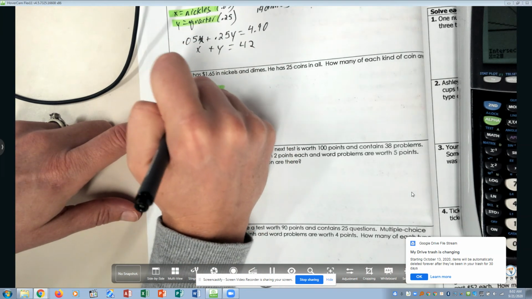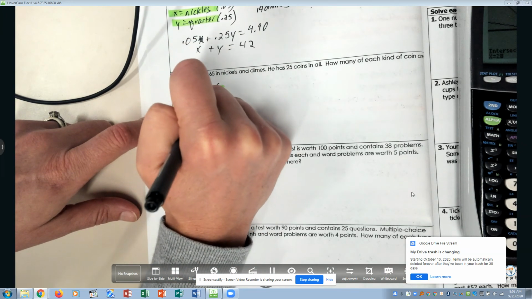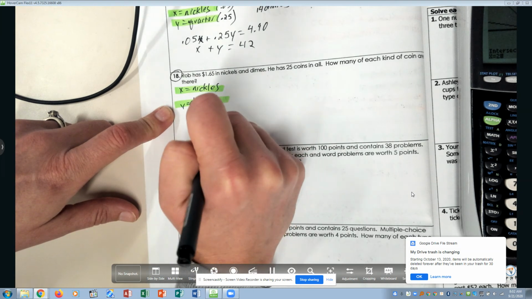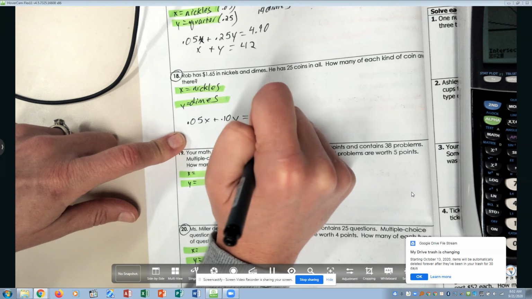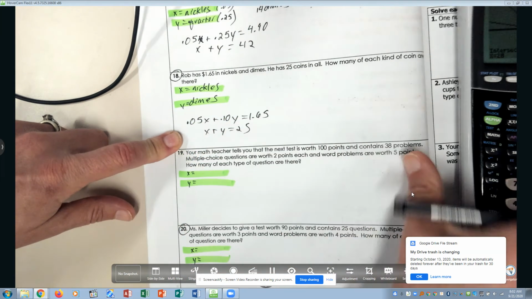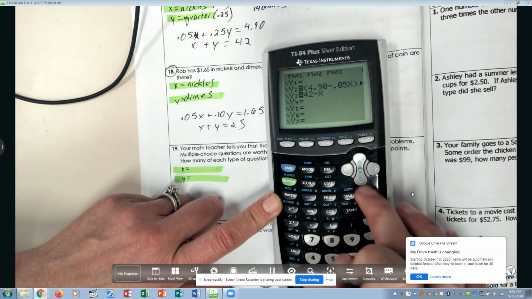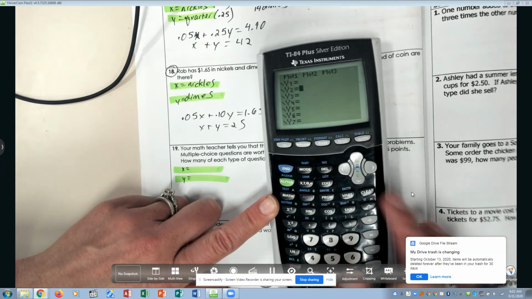All right, 18, same kind of thing. X is nickels, Y is dimes, 5 cents per nickel, 10 cents per dime. They have a total of $1.65 and 25 coins in all. All right, here we go.